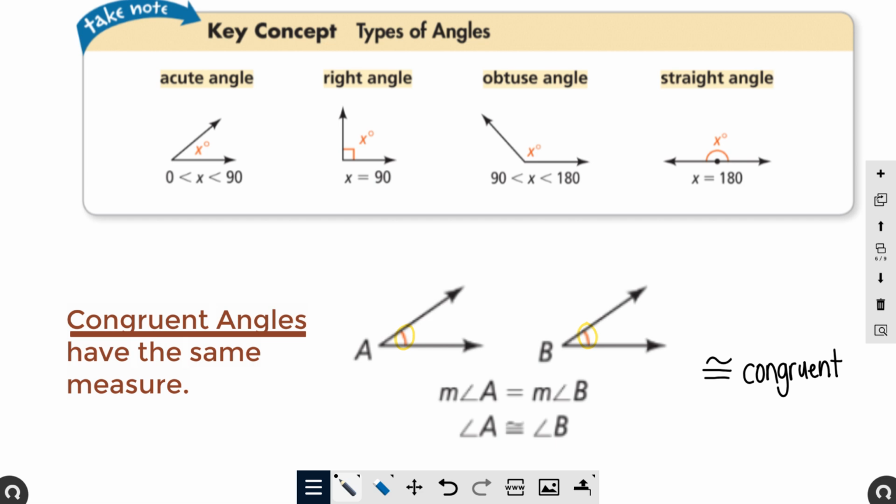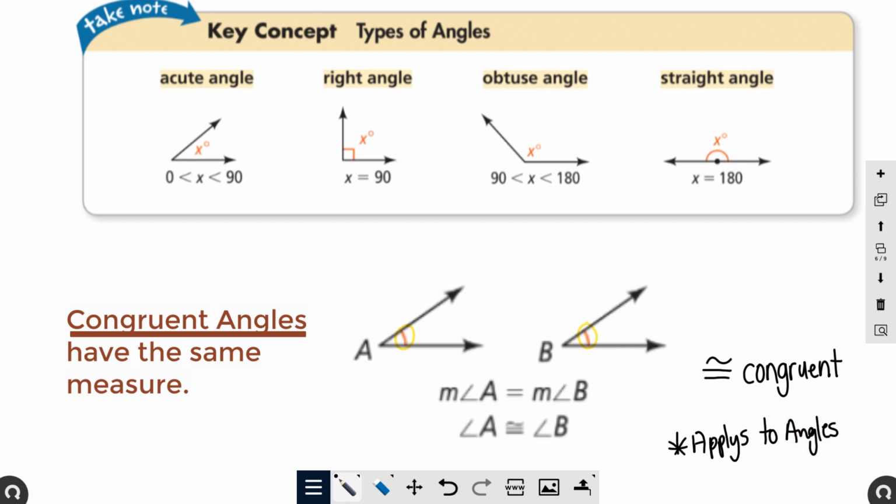Now, the other two index cards that you have, I want you to go back to those. You had your segment addition postulate, and then you had your midpoint and segment bisector. At the very bottom of both of those, put a little star and put applies to angles.